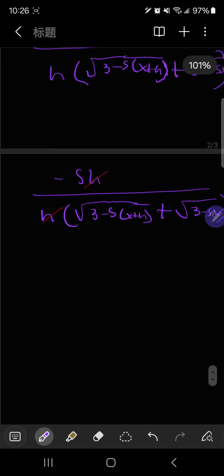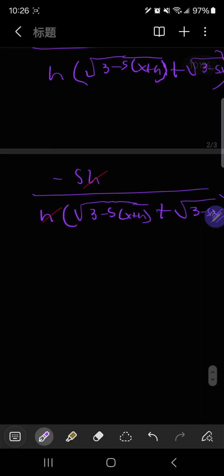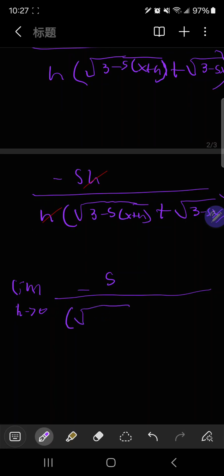Now I'm kind of lazy to write it, but we should be writing the limit of h approaching 0. And then we have the negative 5, and we still have the root 3, or I don't even need the parentheses anymore. I could just write it like this.